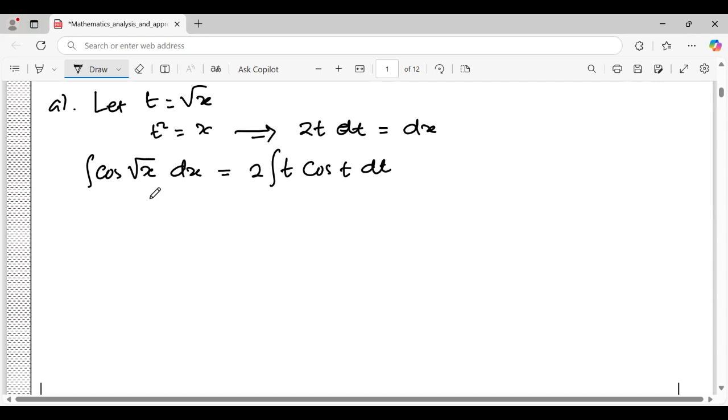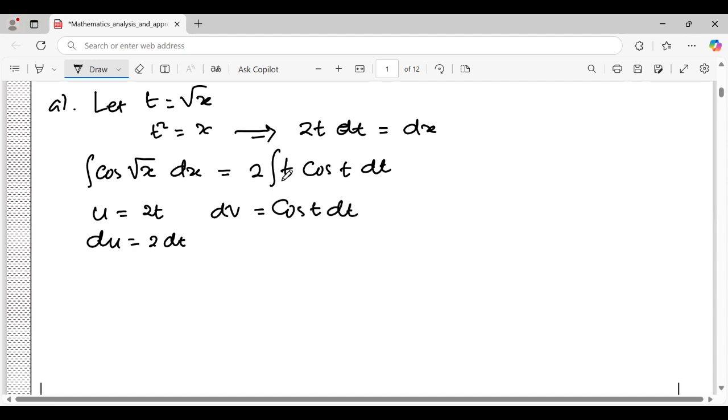By integration by parts, we are going to use the substitution u equals t. It means du equals dt. And dv equals cosine t dt.